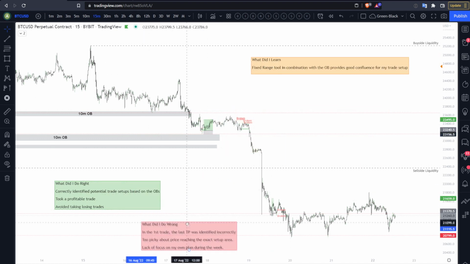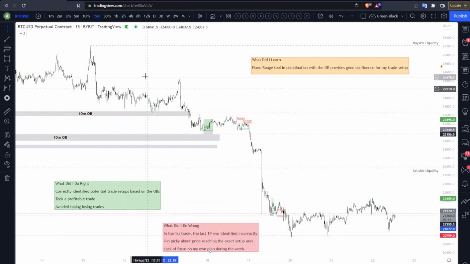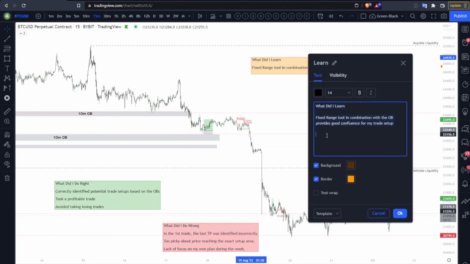So it basically shows that the market is too weak even to make a significant retracement higher to close the gap or revisit the order block. So this is just a sign that the market is really bearish.